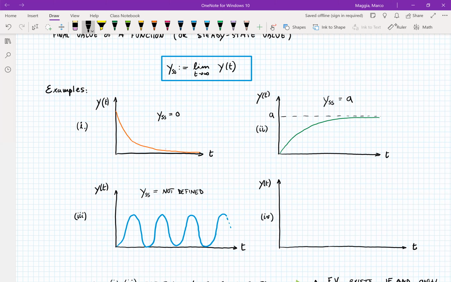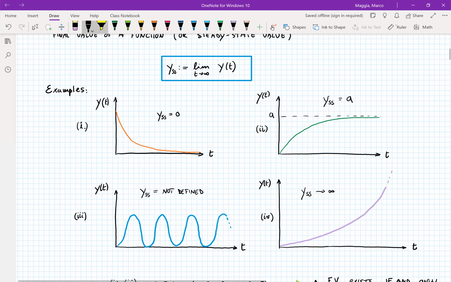and it will never approach a finite value. Another example of functions that do not possess a steady state value is a function that diverges. For instance, we can take an exponentially growing function. If you take the limit as time goes to infinity of such functions, you will find that that is infinity.